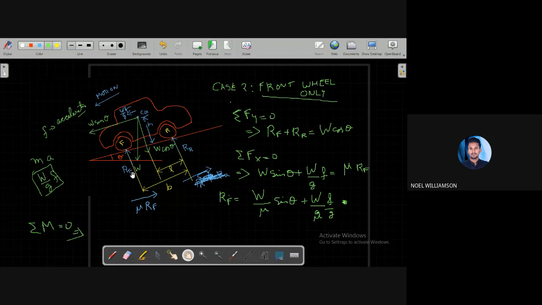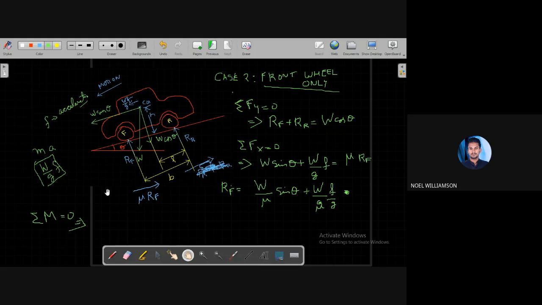Now the moment about this point for the force RF will be RF into this particular distance, that is B, RF into B, which is clockwise, so it will be taken as positive.